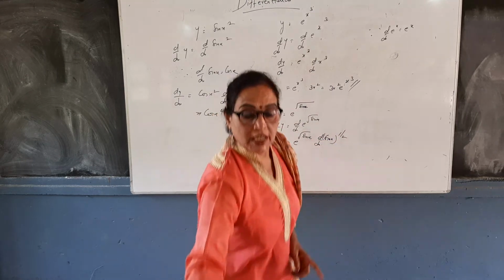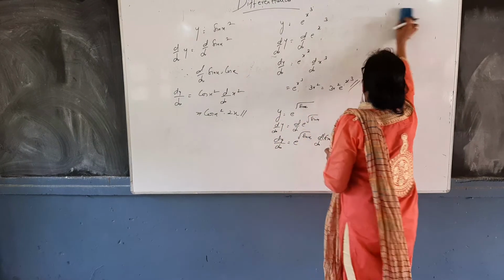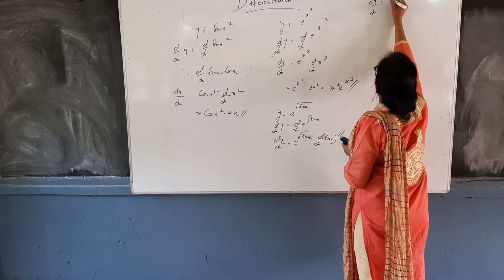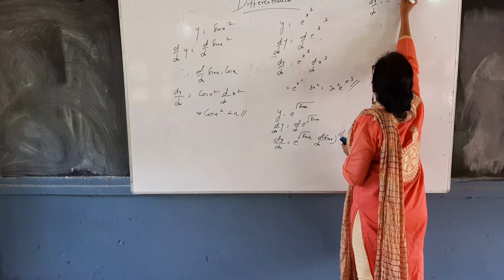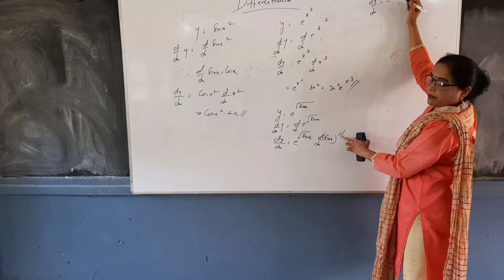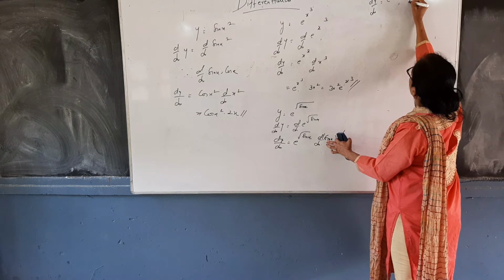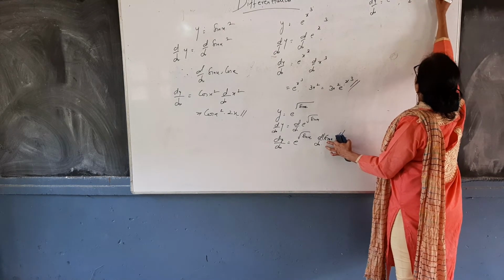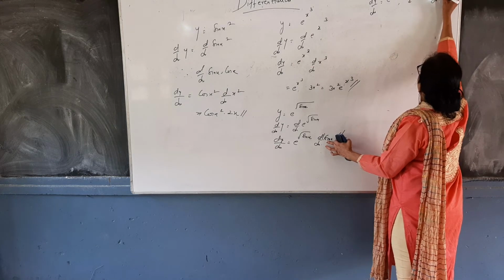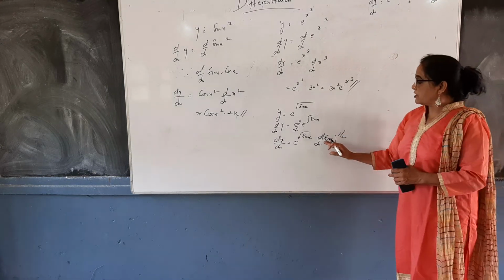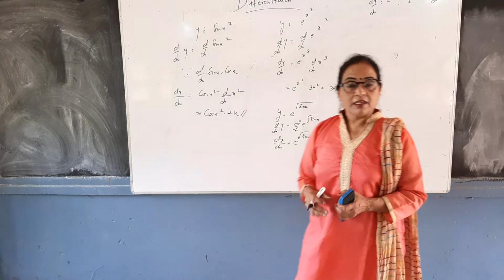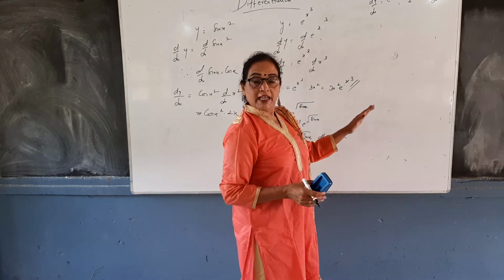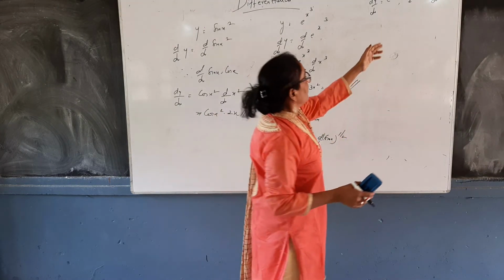Again, if we differentiate here, what will we get? dy by dx is equal to e raised to power under root sin x into, first we have to differentiate the power. We will suppose this is x, so it will be 1 by 2 sin x raised to power minus 1 by 2 into d by dx of sin x. We have supposed sin x as x, so x raised to power n gives n x raised to power n minus 1.